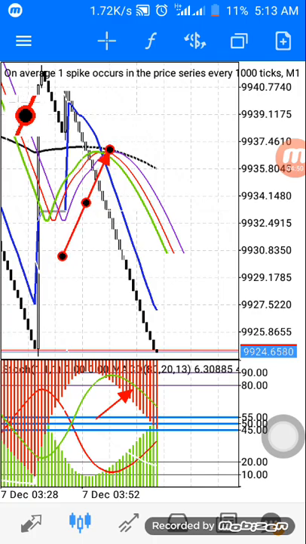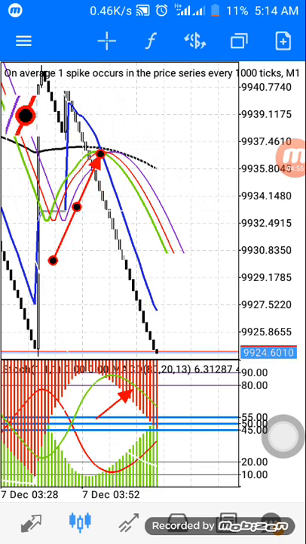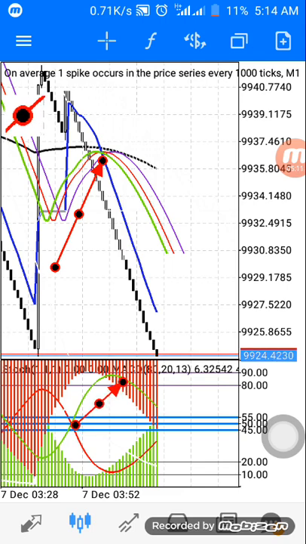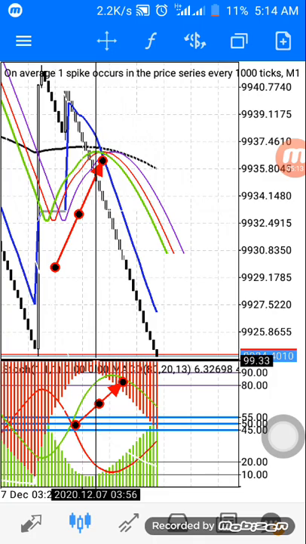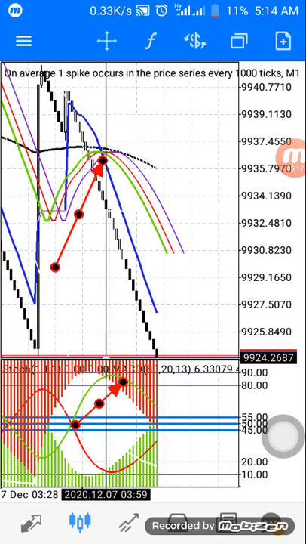When the green line of the alligator crosses down the other two below, that is our first confirmation. Then at this window indicator as well, the green is already at the overbought level. All right, so where is our entry now? Our entry is the crossover in the main chart, and the cross that is here is our entry.